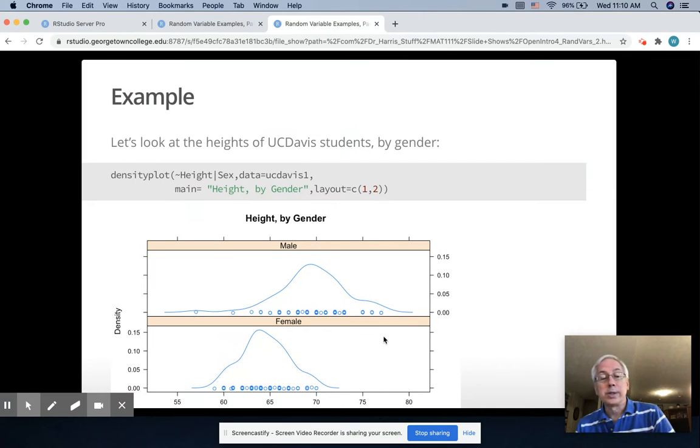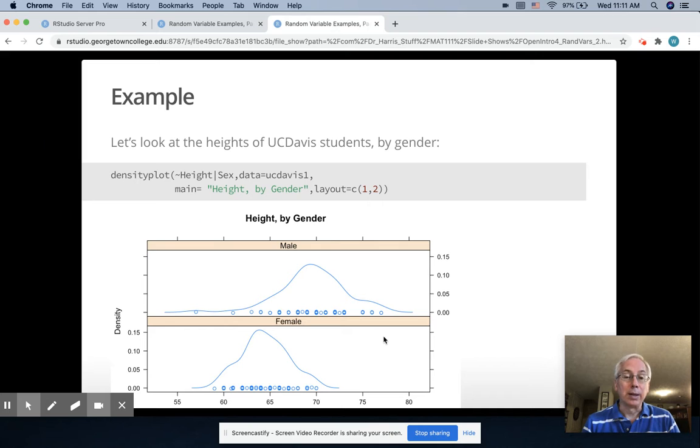Here is a more specific example of some bell-shaped curves, and that's heights of students. This goes to the UC Davis data set, and here are a pair of density plots where we've separated out by gender. We saw how to do this sort of thing back at the end of chapter 2. We're doing a density plot of the variable Height, capitalized, for the UC Davis 1 data set, and we're separating out by Sex, also capitalized.